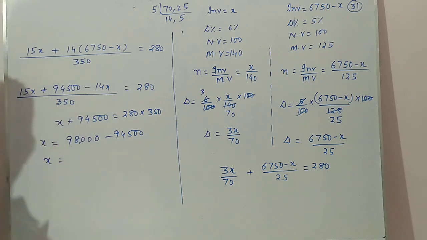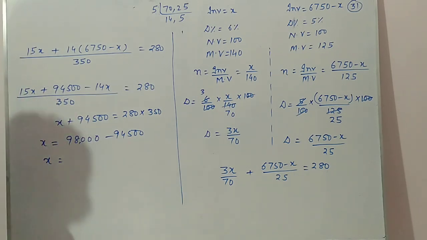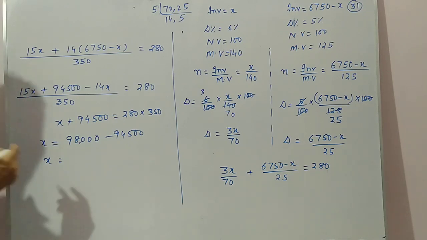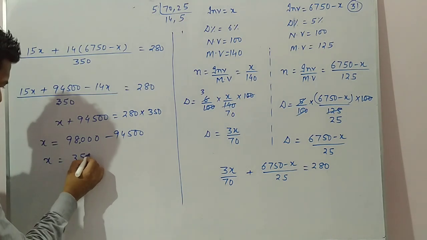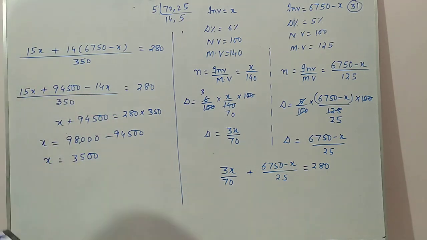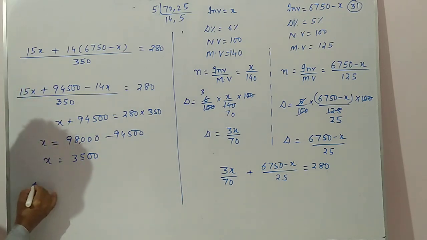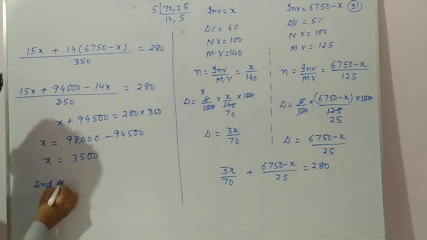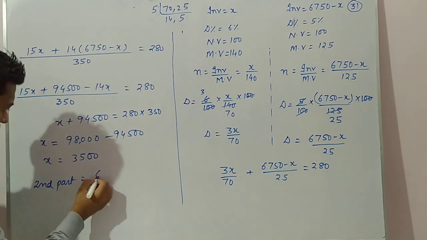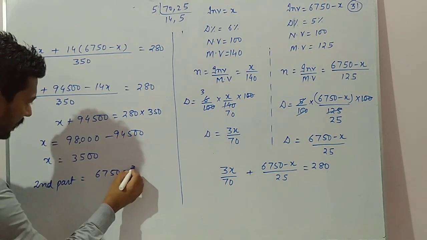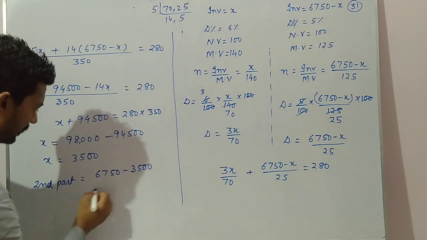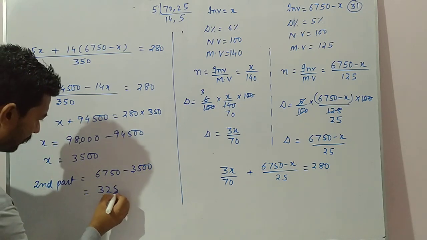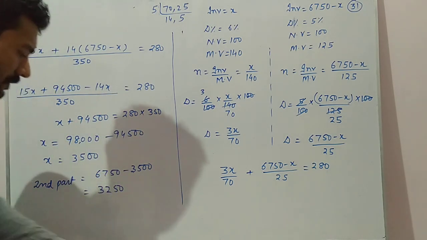So x equal to 98,000 minus 94,500, that is 3,500. So one part of the investment, in the first part he has invested 3,500. Second part, that is 6750 minus 3,500, that is 3,250. Okay.